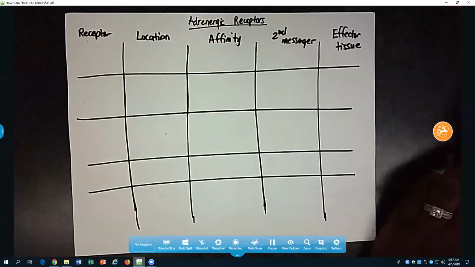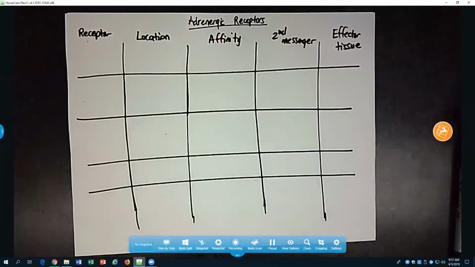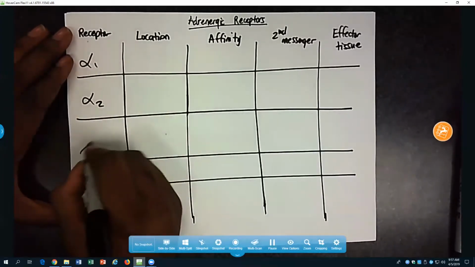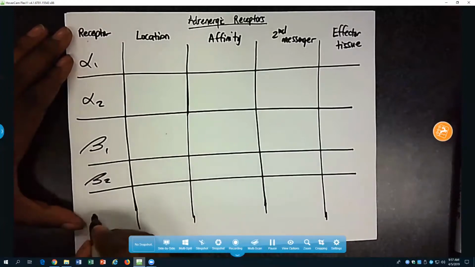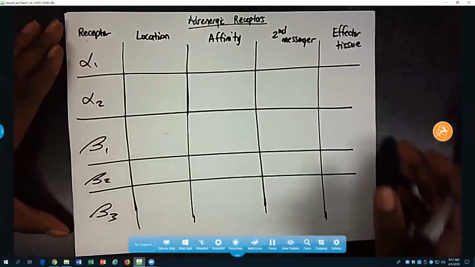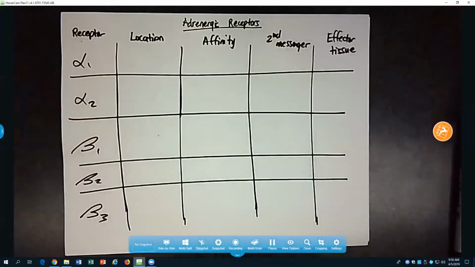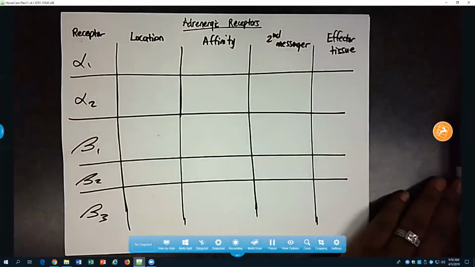Alrighty, so we have alpha receptors and beta receptors, specifically alpha 1, alpha 2, beta 1, beta 2, and beta 3. Okay. What are the locations of these receptors?